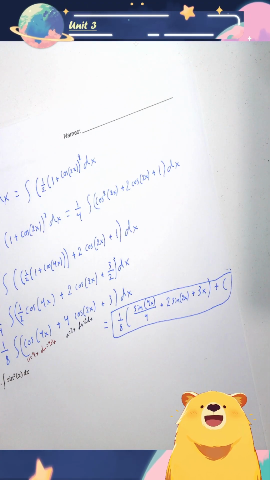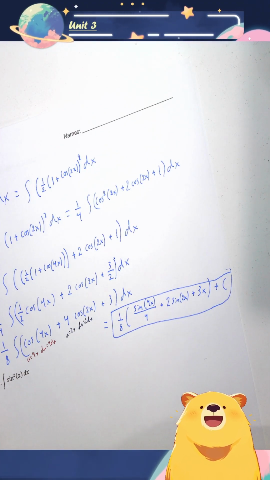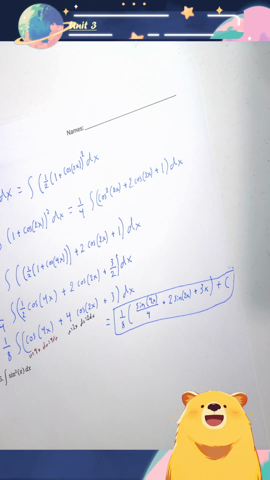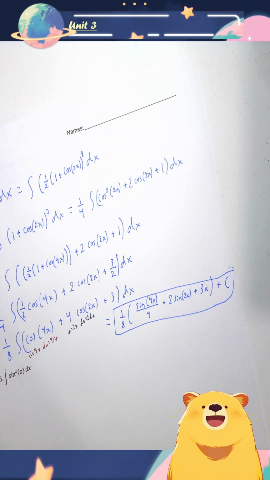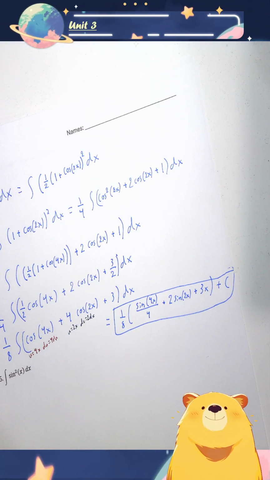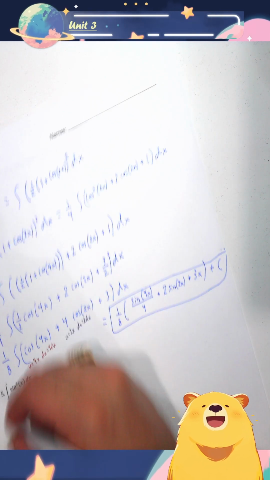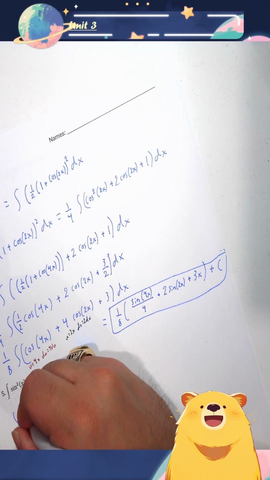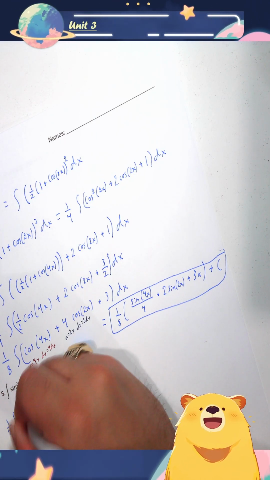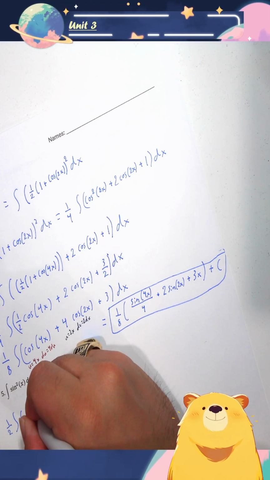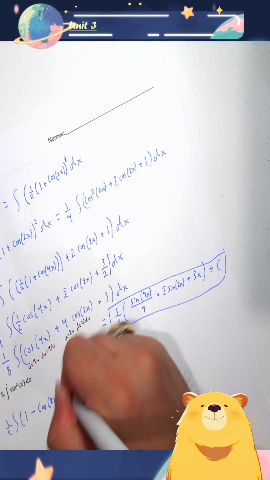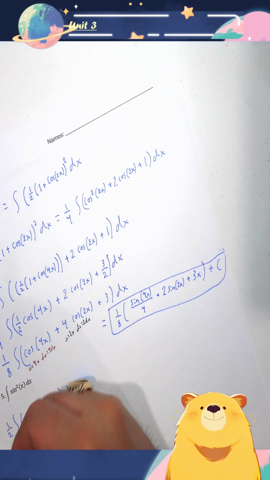All right, last one, the 3.2, we have sine squared of x. That one is pretty straightforward. You just rewrite it with the power reducing formula. We have 1/2 of 1 minus cosine of 2x dx.